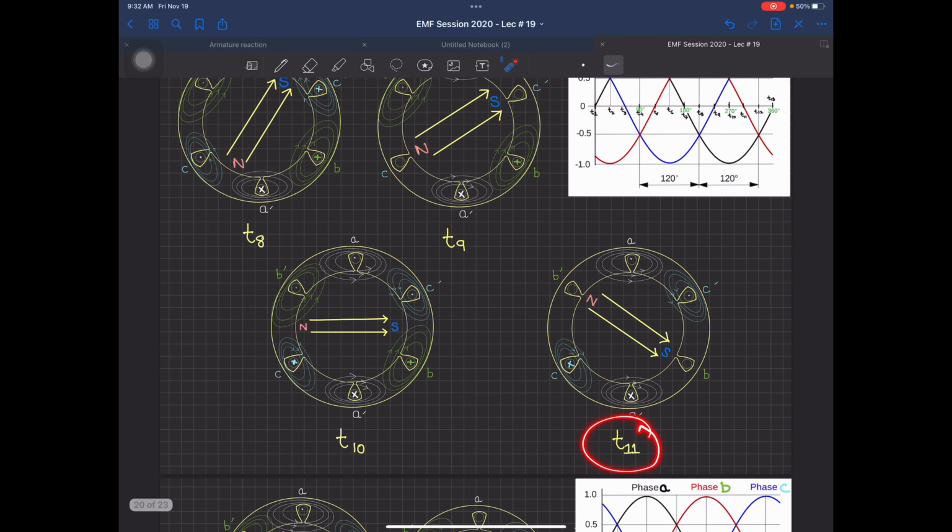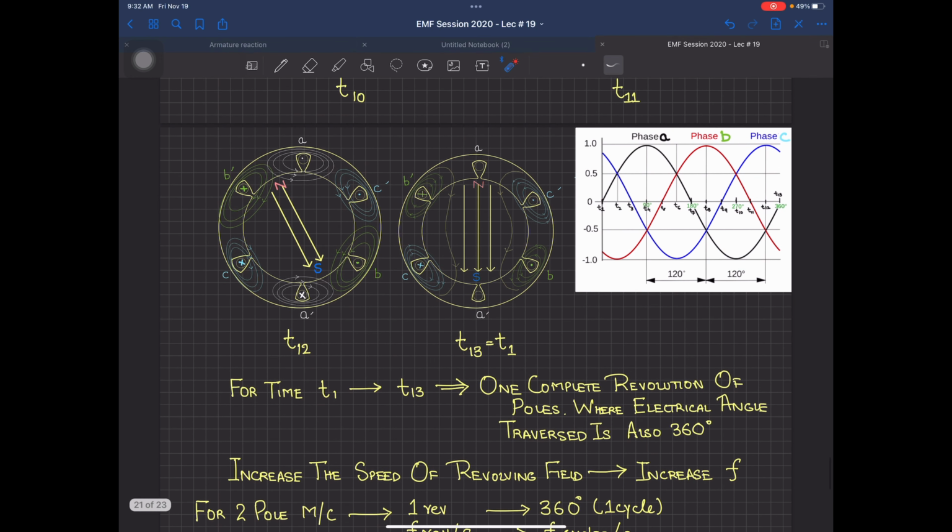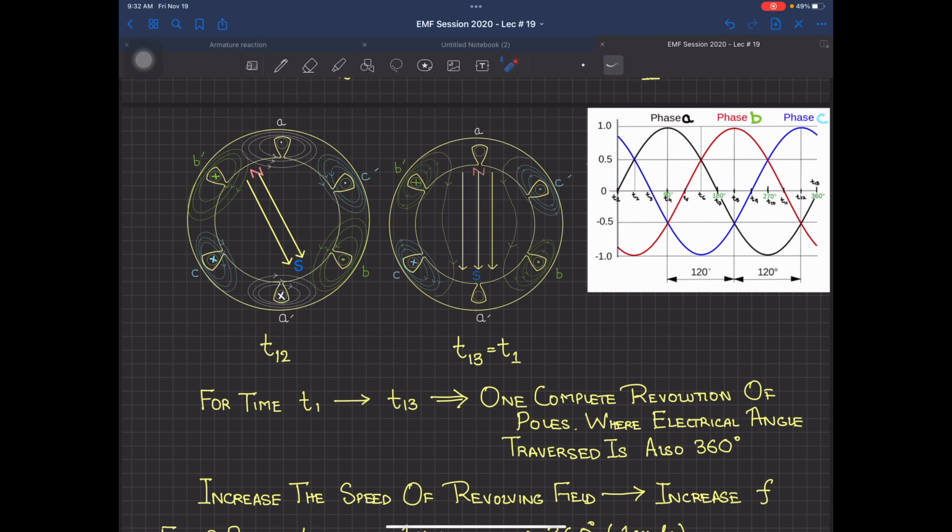So at time t11, now the magnetic field. Now only 2 timestamps are left. And now the important thing. At time t12, I am at approximately 330, and then at time t13, I am at 0 or 360 degrees. So you can see at time t13 or t1, the magnetic field is back to where it started.